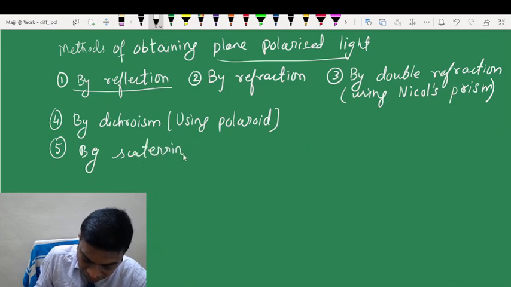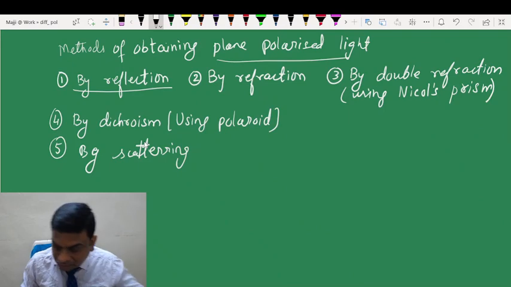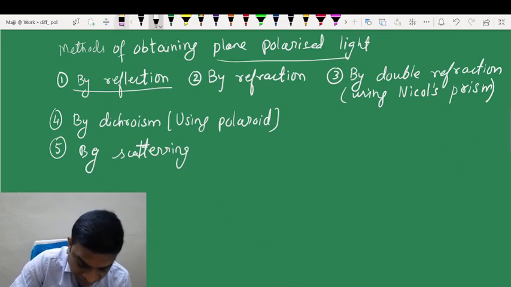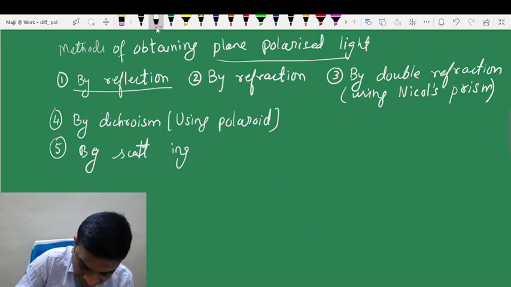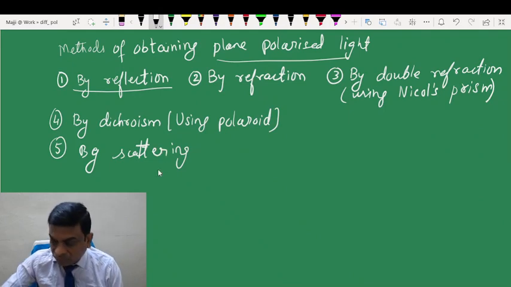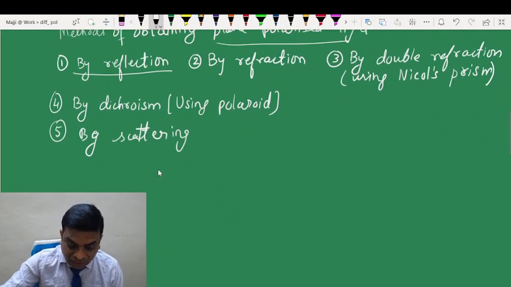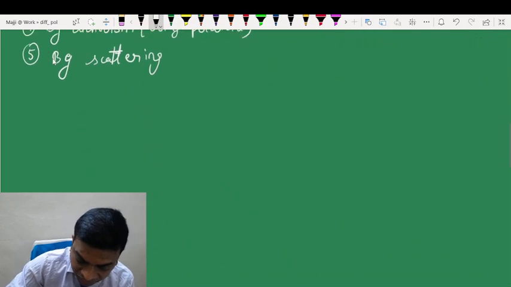So these are the basic methods which we'll be discussing. One by one we'll study, students. Let us take the first case, by reflection.